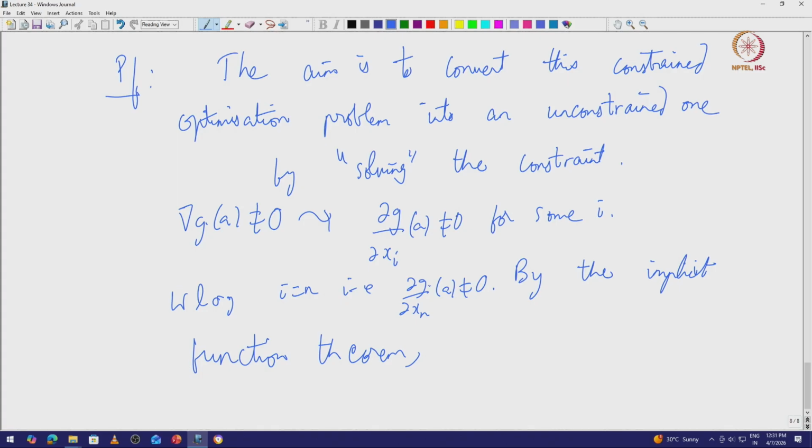since this is the case, locally we can solve the constraint g equals 0 to get xn as a function of the other few variables. I'll make this precise.